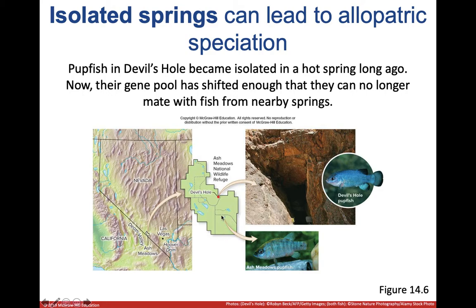At one point all these little springs were connected by underground rivers, so all these fish had the ability to come in contact with different populations of fish. As the fish became separate, the underground passageways either dried up or humans dammed them up or things like that.